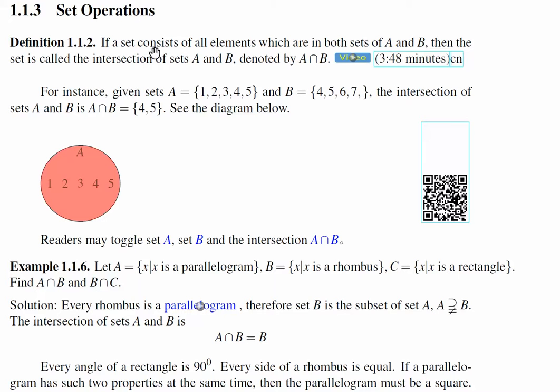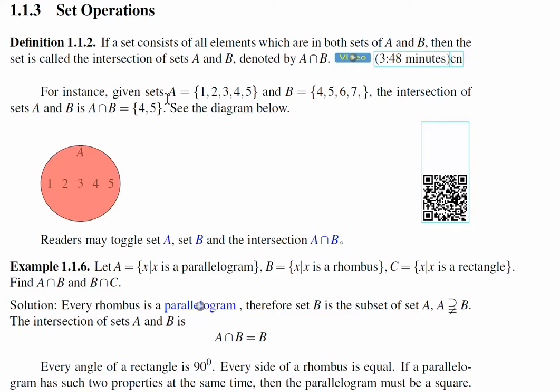If a set consists of all elements which are in both sets A and B, then the set is called the intersection of sets A and B, and it is denoted by A ∩ B. This sign is like a cap. So, A intersection B. Here is the example.